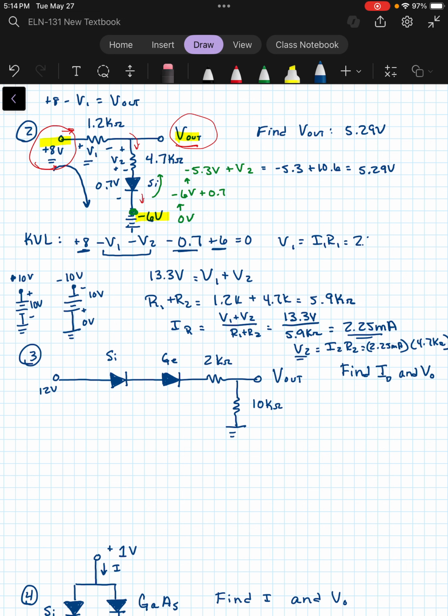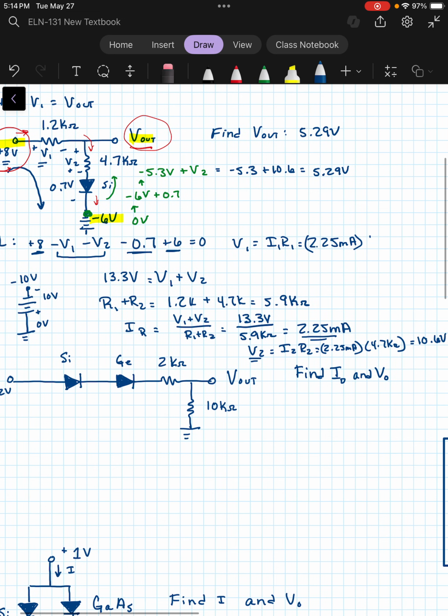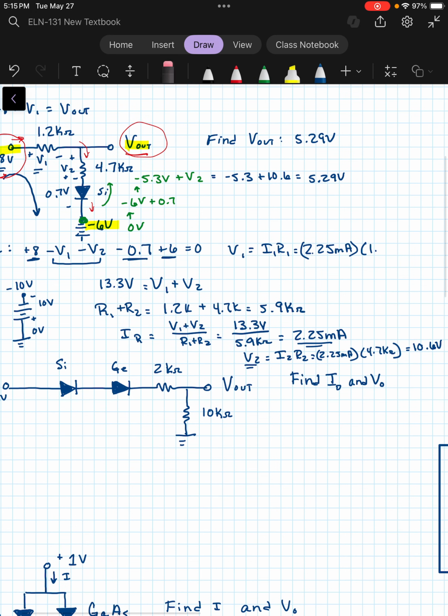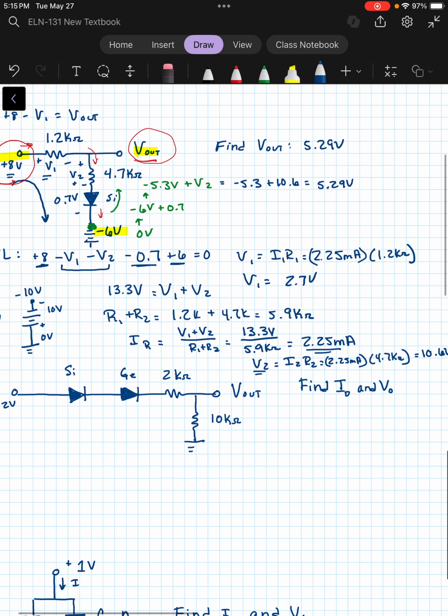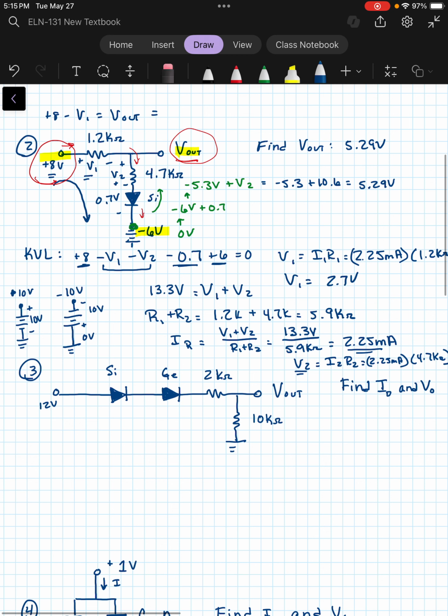Again, the same current, 2.25 milliamps, and this time R1 is 1.2 kilo ohms. Let me write that again. 1.2 kilo ohms. So V1, that would give us 2.7 volts. So if we go back up here, 8 minus 2.7 would also give us about 5.3 volts, which is what we found.